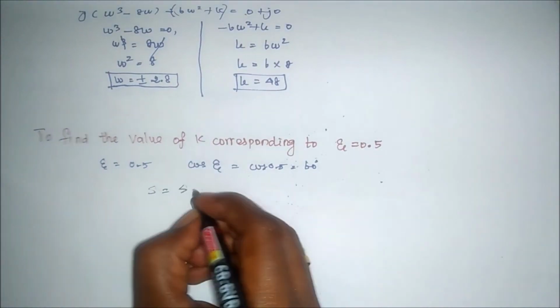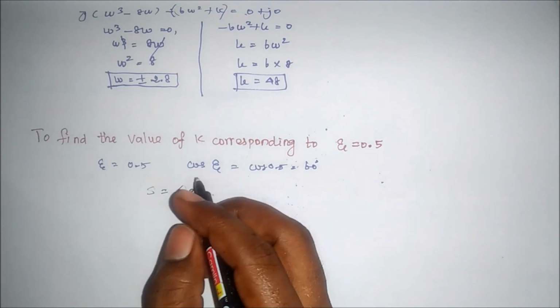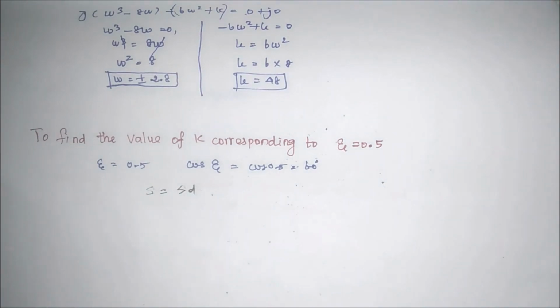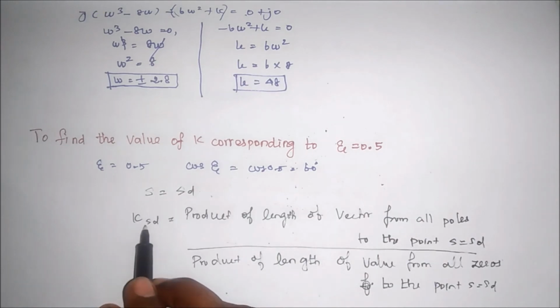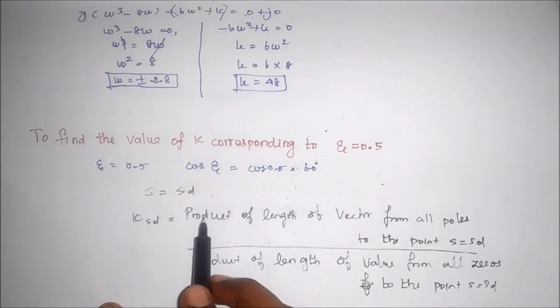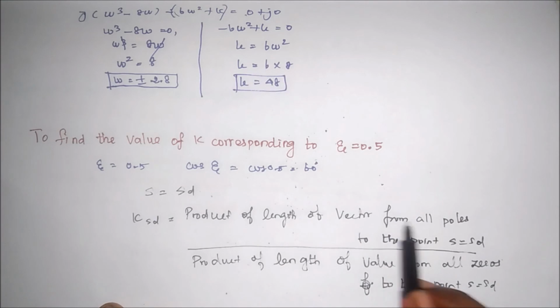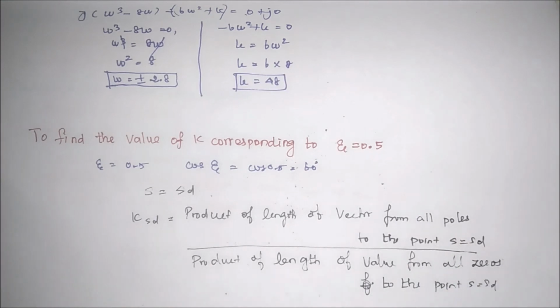So now S equal to SD, it means dominant pole. So for this, K value equal to, actually the formula to calculate K at SD equal to the product of length of vectors from all poles to the point S equal to SD, divided by the product of length of vectors from all zeros to the point S equal to SD.